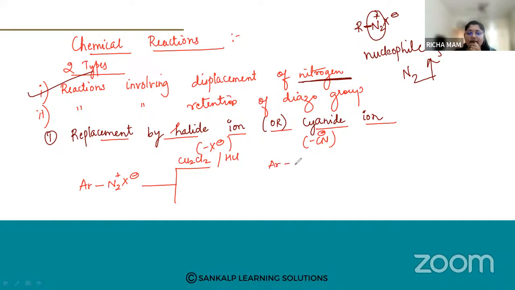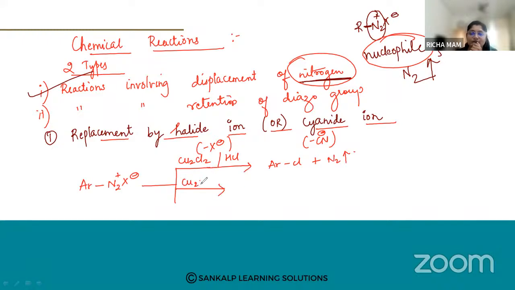I'm going to get ArCl. So our diazo group is present, and we convert it into a nucleophile, and the diazo group will be evolved as nitrogen gas. So this is the first reaction.